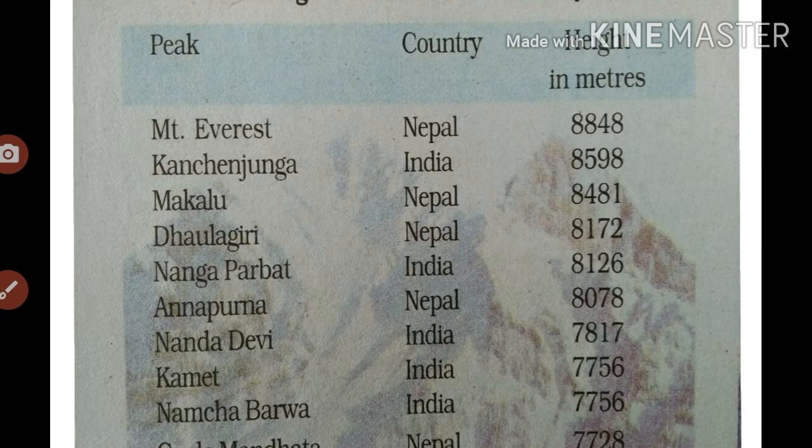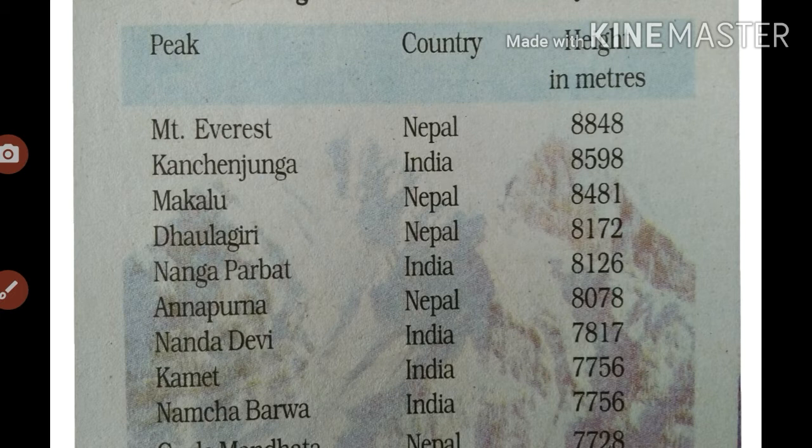Then Annapurna peak in Nepal, its height 8,078. Then Nanda Devi peak in India, its height 7,817. Then Kamet in India, its height 7,756.